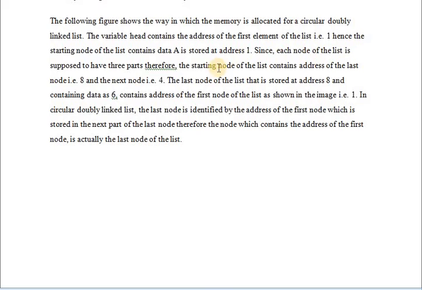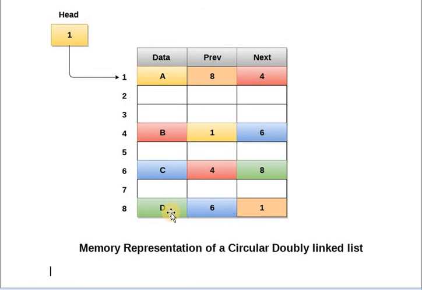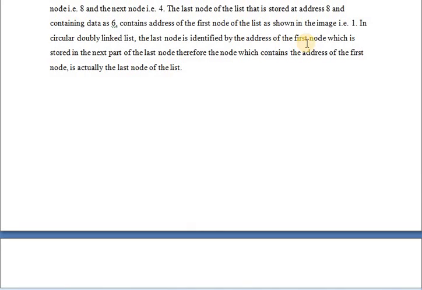Since each node of the list is supposed to have 3 parts, that is the data, previous part and the next part, the starting node of the list contains the address of the last node 8. So see here, last node 8, this is the last node, this is the address. The last node contains the address of the first node 1, and the first node is 1.